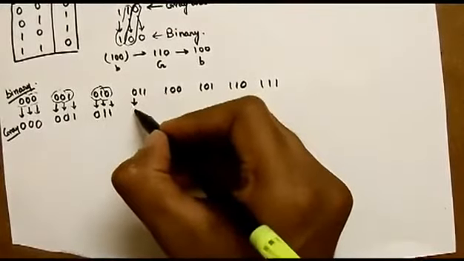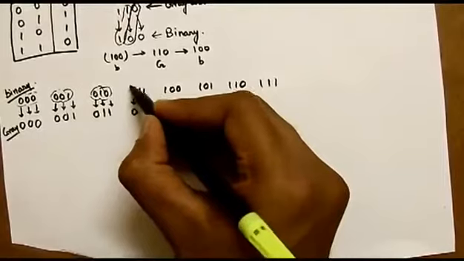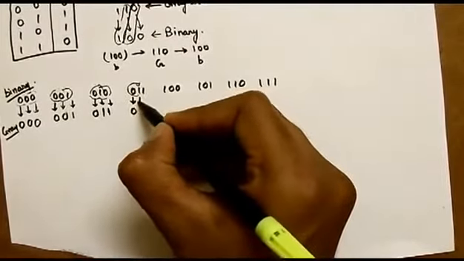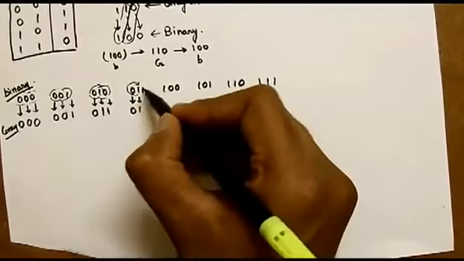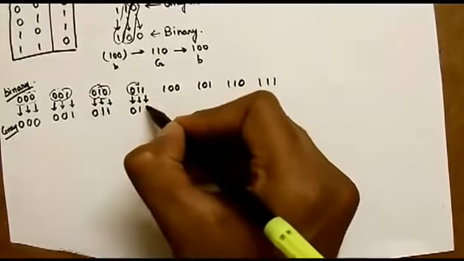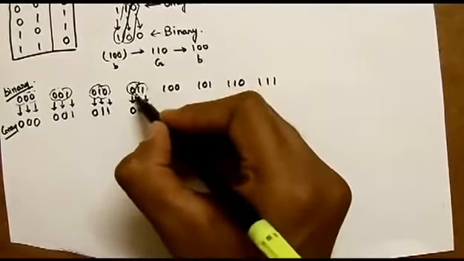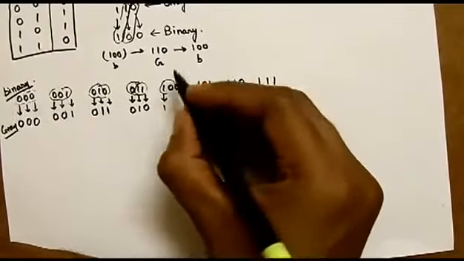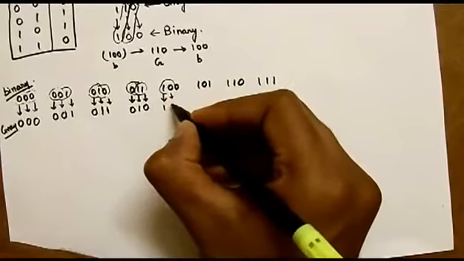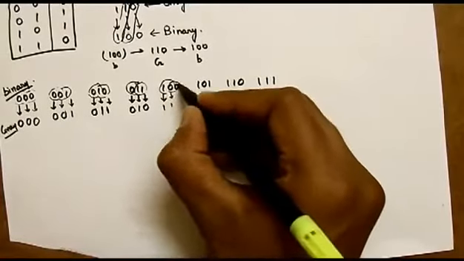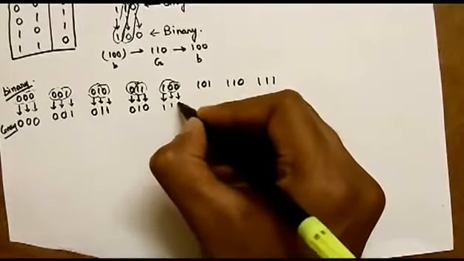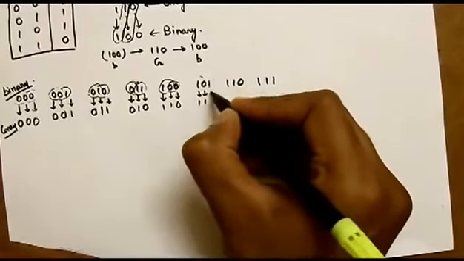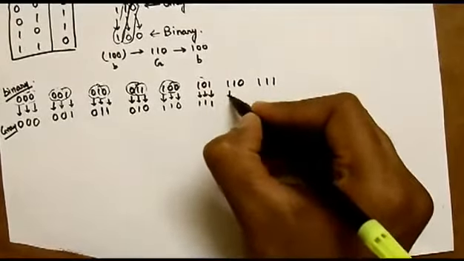0, MSB is the same rule. 0 and 1 XORing, it is 1, 1 and 1 XOR, it is 0. MSB is the same. 1 and 0 XOR, it is 1, 0 and 0 XOR, it is 0. 1 and 0 XOR, it is 1, 0 and 1 XOR, it is 1.